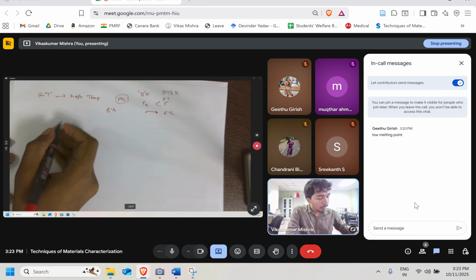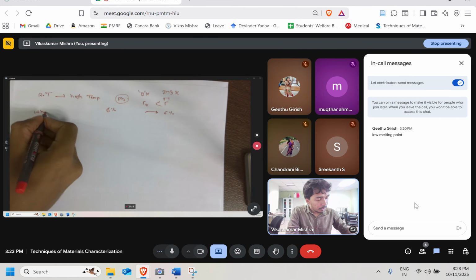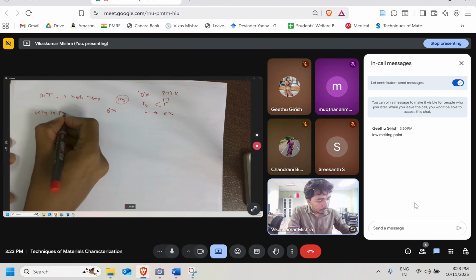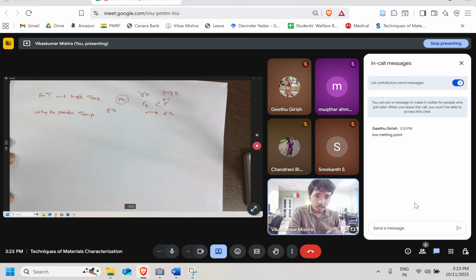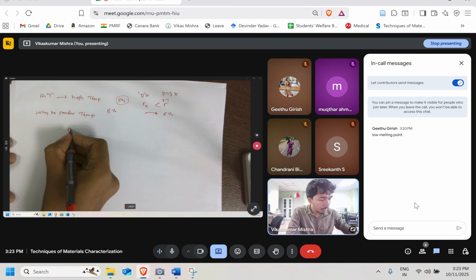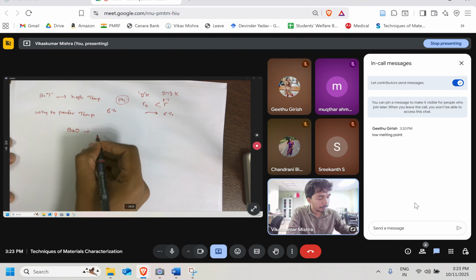Now, why perform temperature dependent measurement? This was one of the questions. Let's consider an example: you have two materials, barium oxide, BaO, and TiO2.